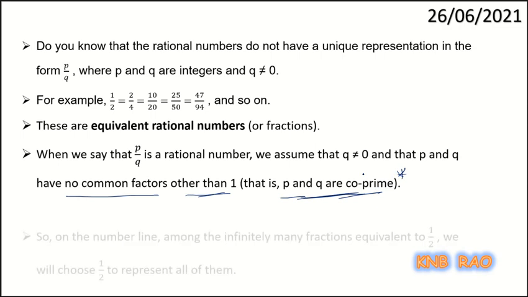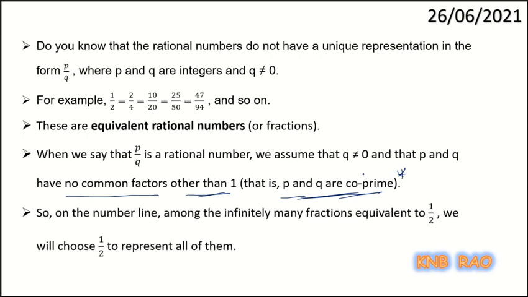Moving on to another important point. On the number line, among the infinitely many fractions equivalent to 1 by 2, we will choose only 1 by 2 to represent all of them. On a number line, suppose I am showing 0 and 1, and in between them I take 1 by 2.